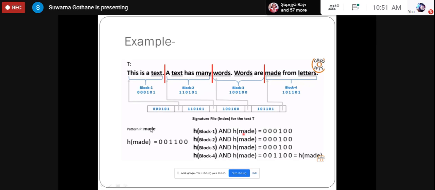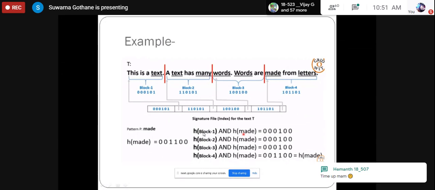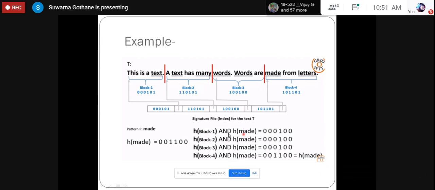And now I'm interested to look for a particular word. Every word is also going to have its binary value. So for this it is having this binary value. Now with block 1, it is going to perform the check by performing the AND operation, which you have already studied.